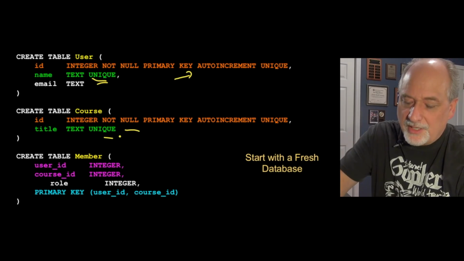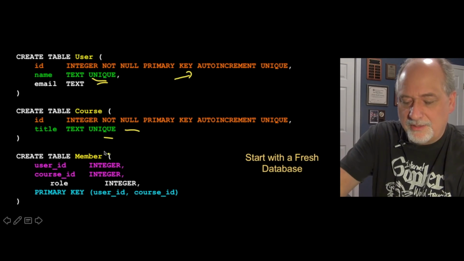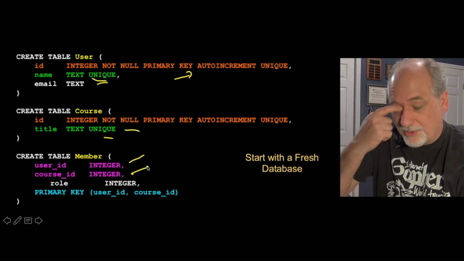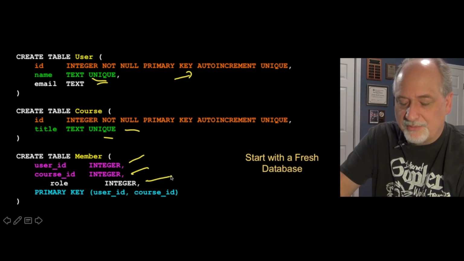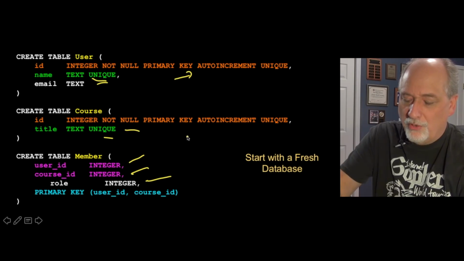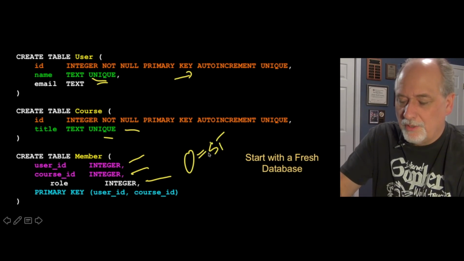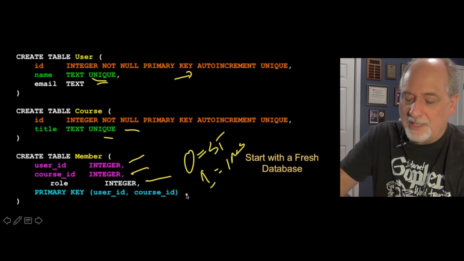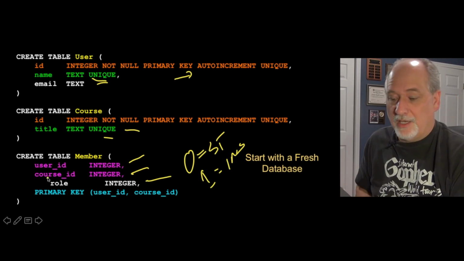Now the connector table here is a table member, and it has two foreign keys, user ID and course ID. And you can even model some data here. So I'm going to model role, which is going to be 0 equals student and 1 equals instructor. And then I'm going to indicate that the primary key or uniqueness constraint is the combination of the user ID and course ID.